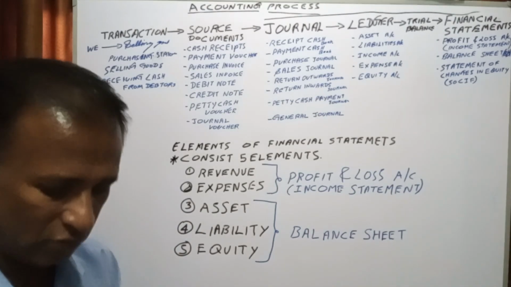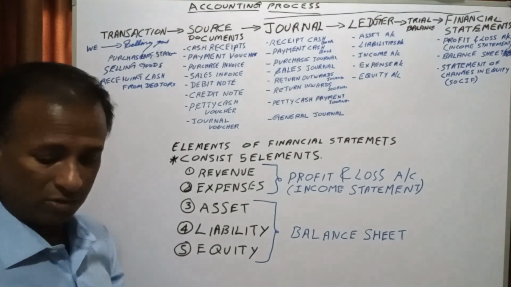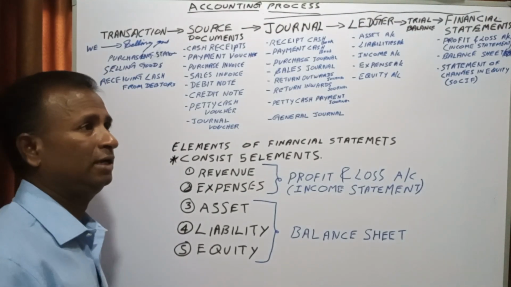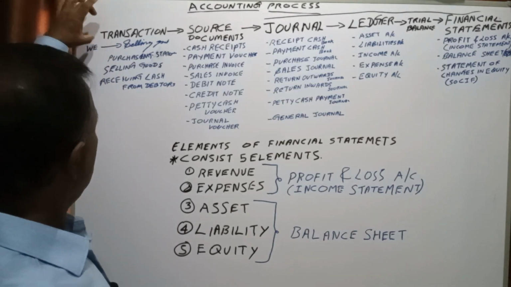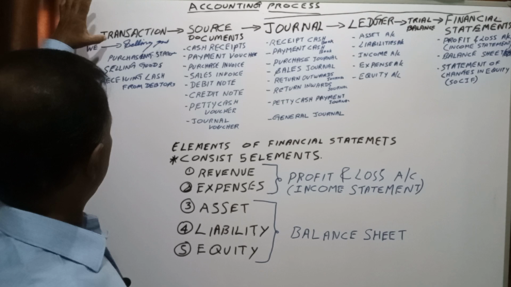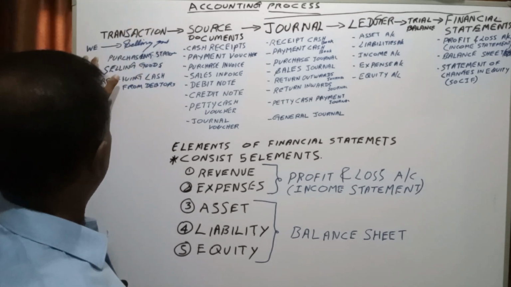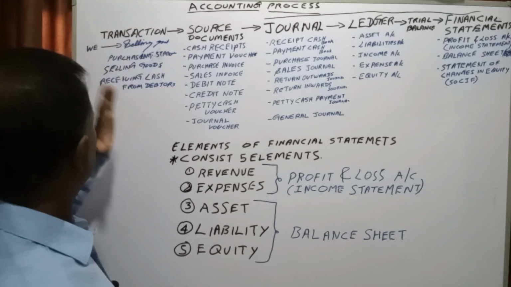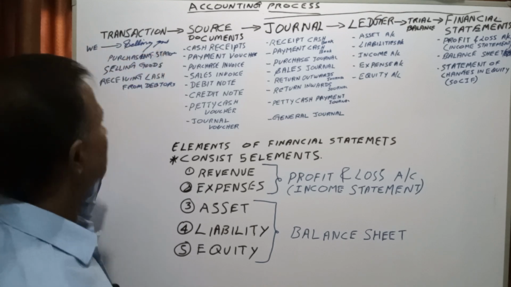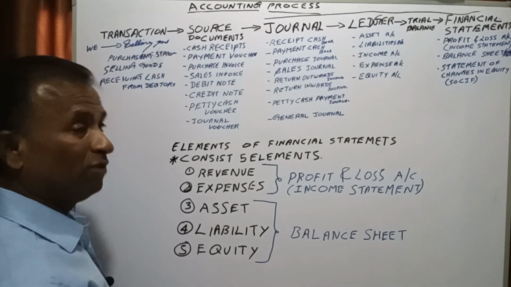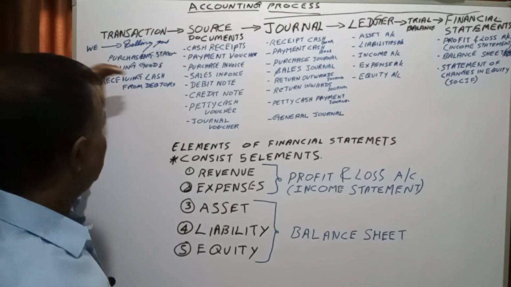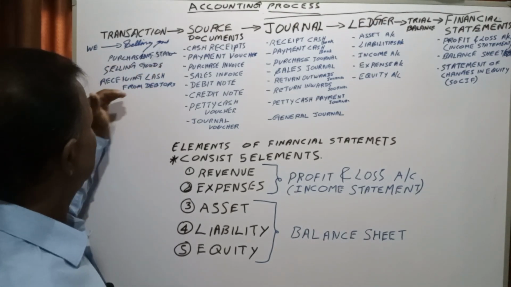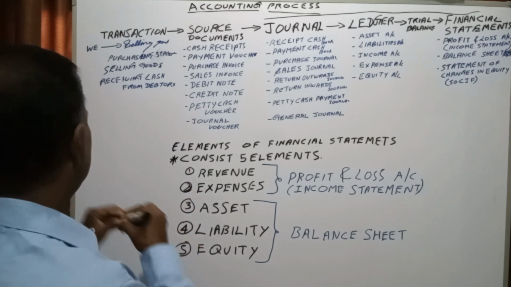Those are the transactions. For example, now you would have got an idea what is the transaction. We are selling the goods, we are purchasing the stationery, that is a transaction. We are receiving the cash from debtors, that is a transaction.